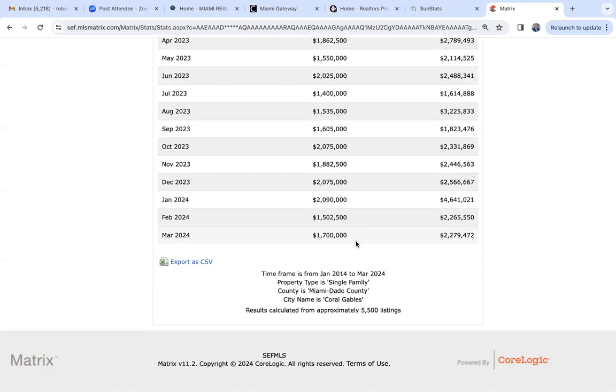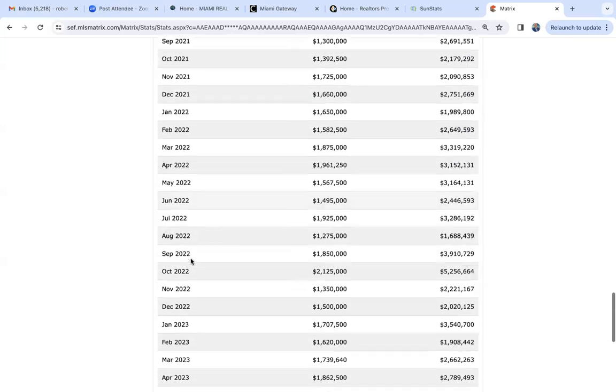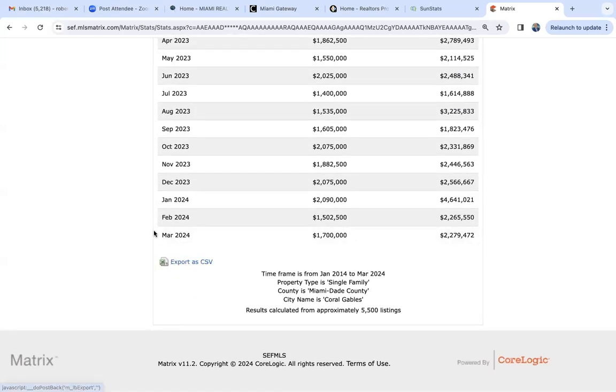All right. And then guys, you want to put this into a spreadsheet so you can put the year and month next to each month, and you can then compare the months and see if year over year prices are going up or down. I would do this by clicking on export to CSV.